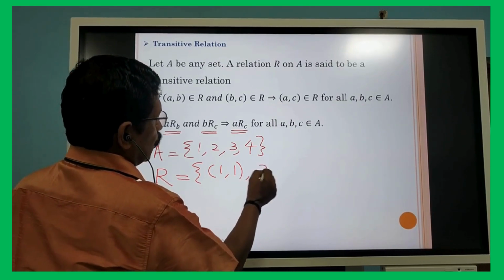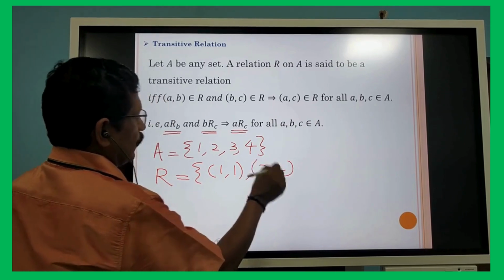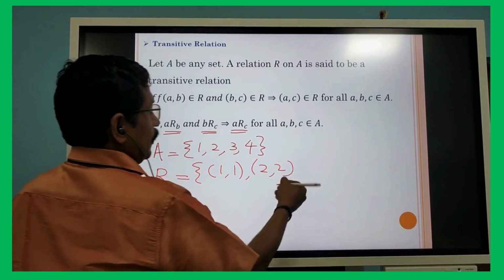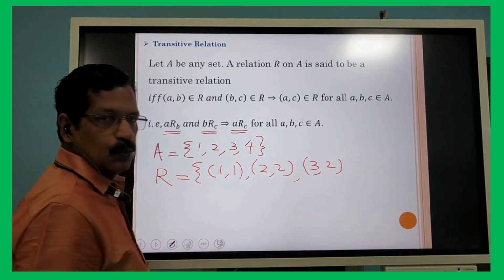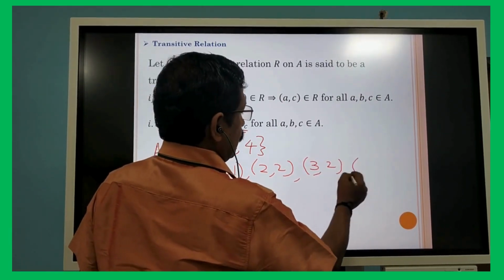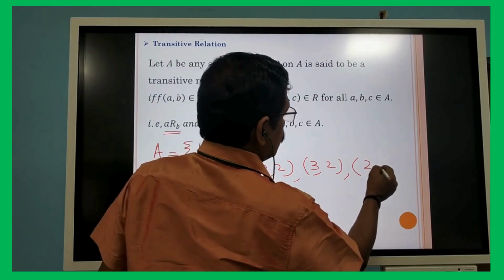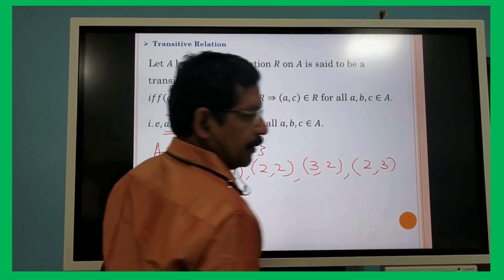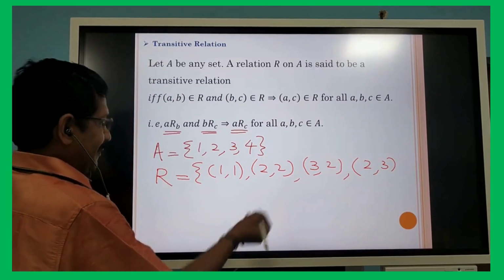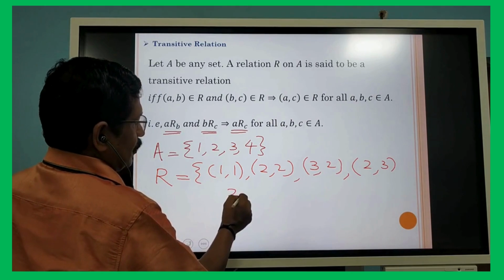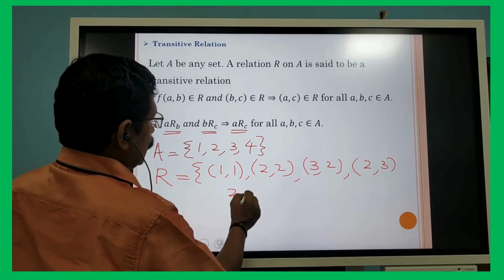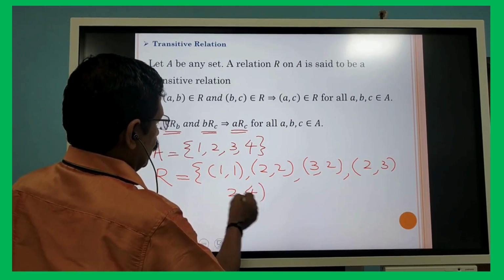2 is related to 2. Suppose 3 is related to 2, 2 is related to 3, and I am taking 2 is related to 4 also.